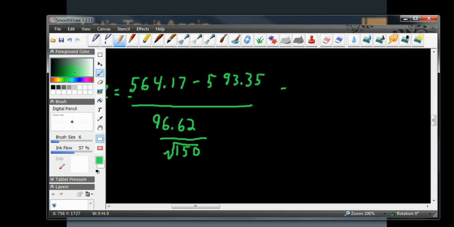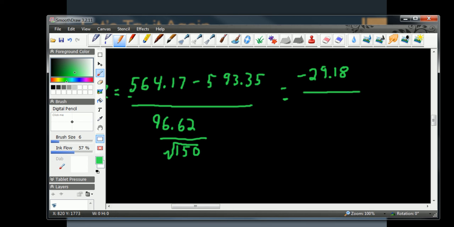Z observed or z obtained will be 564.17 minus 593.35. It's going to give us negative 29.18. So that's our difference between the sample mean and the population mean.